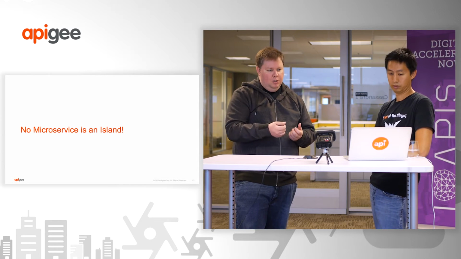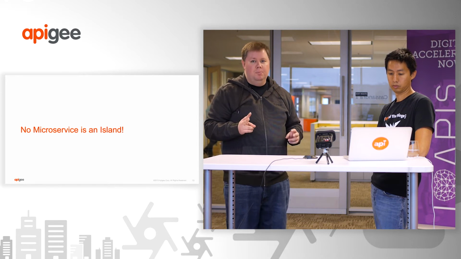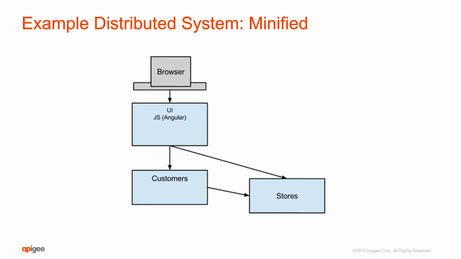Take even a very simple system: two microservices and a user interface that connects to them. The user interface deals with customers and where they are, and stores and where they are, and I should be able to find what stores are nearby me.